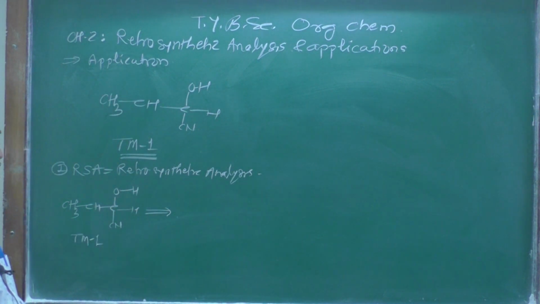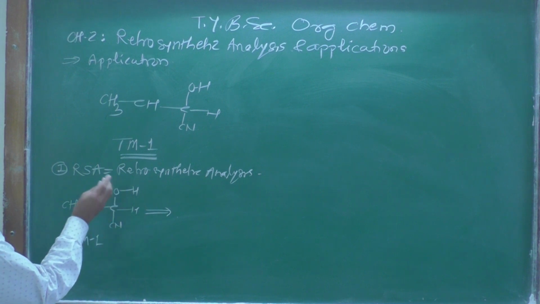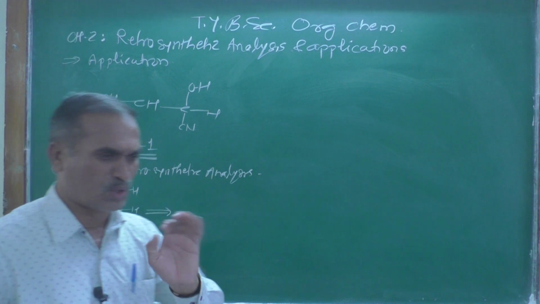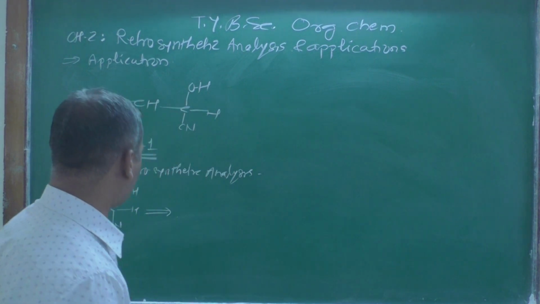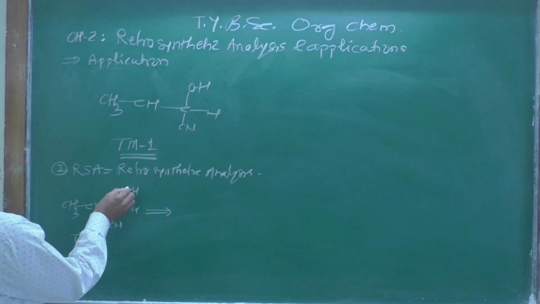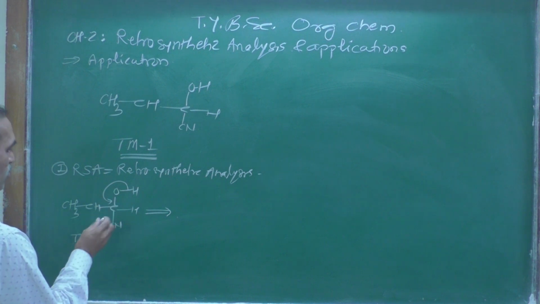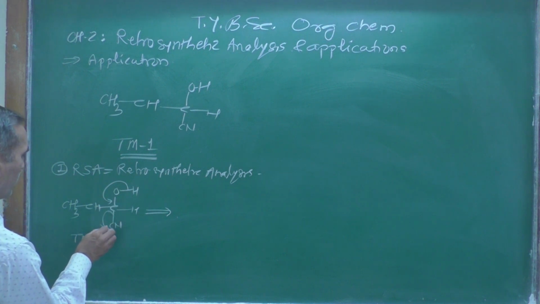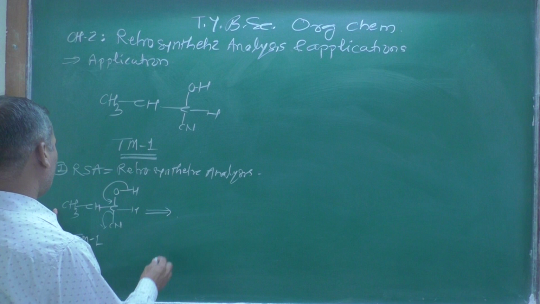And as we know, with the disconnection arrow, in this compound there is an alcohol; alcohol always breaks like this, the bond forming a double bond over there, and we get this type of fragmentation.